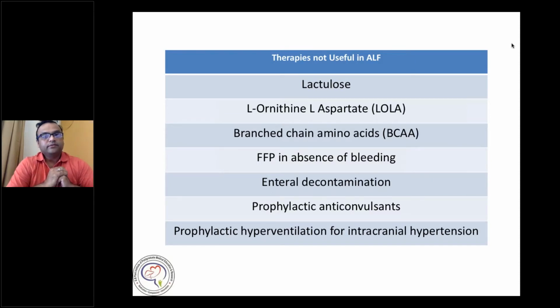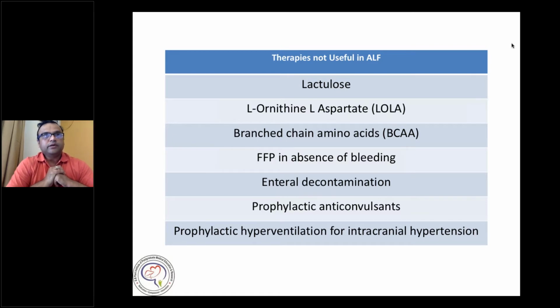Lactulose is ineffective in acute liver failure. Similarly, a very fancy drug, LOLA, L-ornithine L-aspartate, has not been shown to be of any use in acute liver failure. So these two drugs usually do not lead to any improvement in the liver disease as far as the acute part is concerned. For chronic, we will discuss during the chronic one.